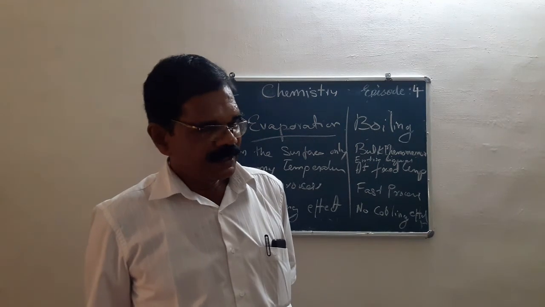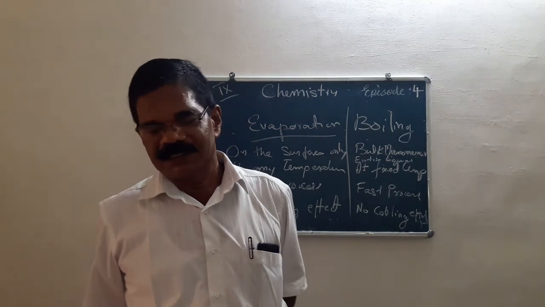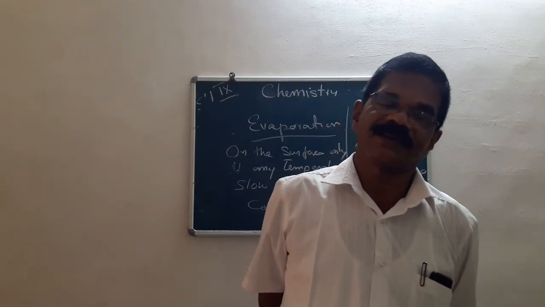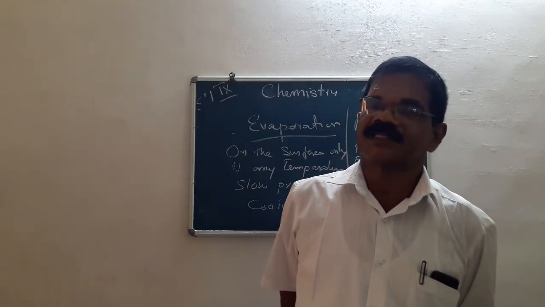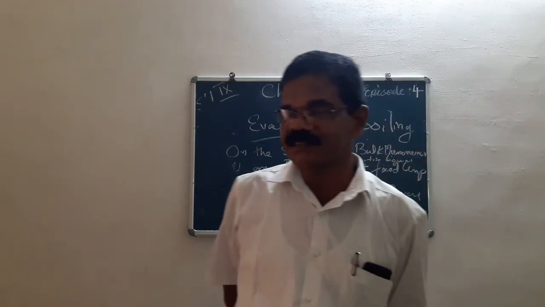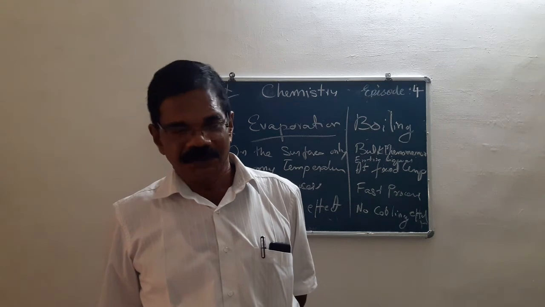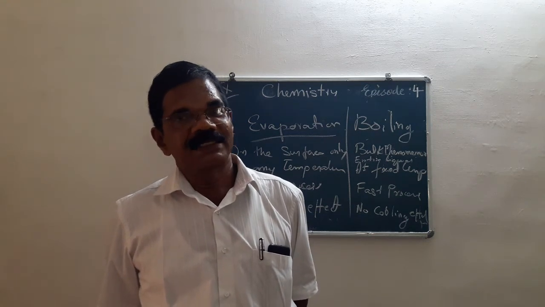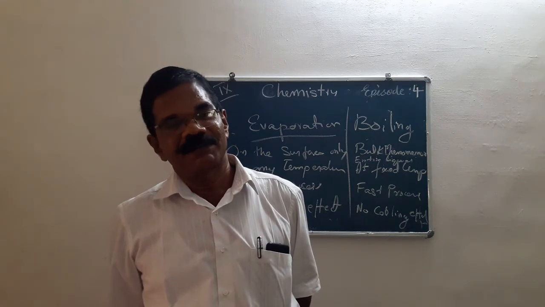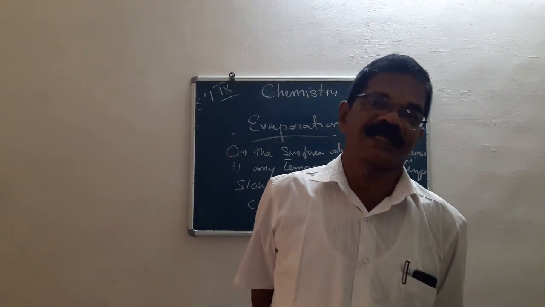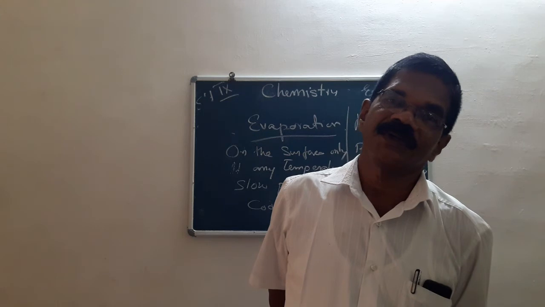Similarly, in summer season, we keep water for drinking in earthen vessels. Why? In earthen vessels there are small holes, and through these small holes vaporization takes place, and the amount of heat required for the vaporization is taken from the water molecules inside.